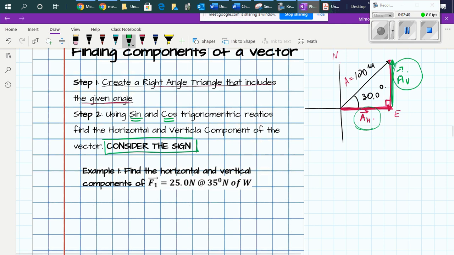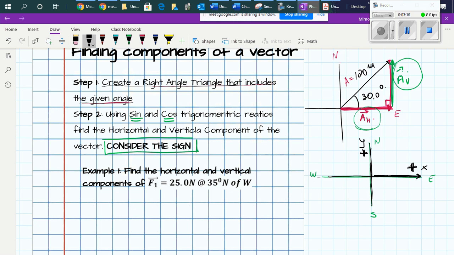In the attached north, east, south, west axis, we overlap in our mind the x, y axis as we know it in math. So whatever is horizontal to the right is considered to be positive, and whatever is vertical up is positive as well.